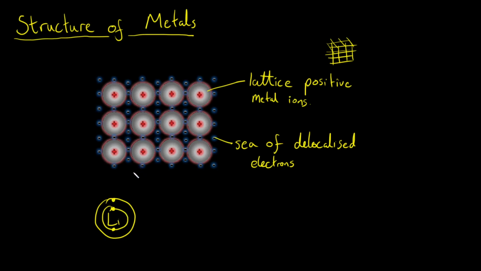For it to join this lattice club and add into the structure of this metal, that outer electron has to be lost, removed. It joins this sea of delocalized electrons to roam around freely, and the lithium atom therefore becomes a positive ion because it has lost this negative charge.